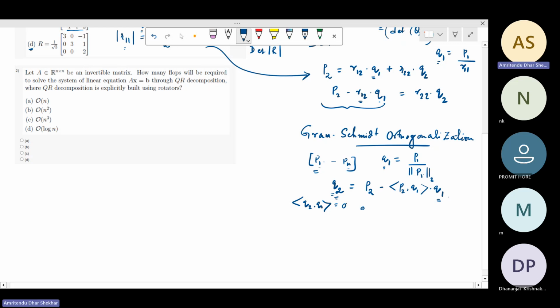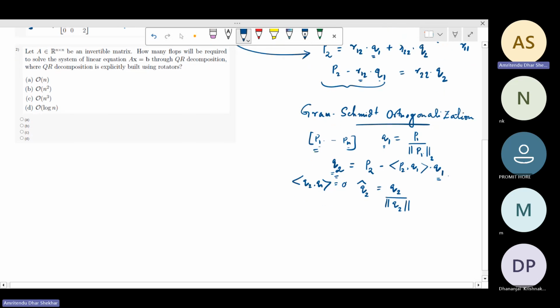So you define this vector Q2 bar as equal to Q2 by the norm of Q2, right? So your Q2 hat is equal to P2 minus P2 Q1 Q1, divided by the norm.